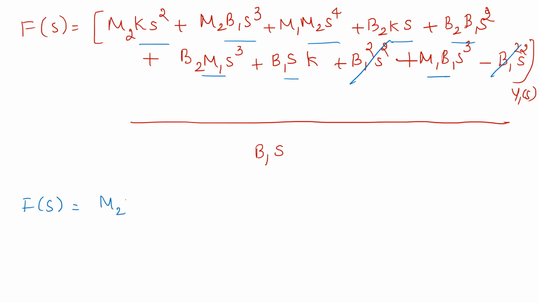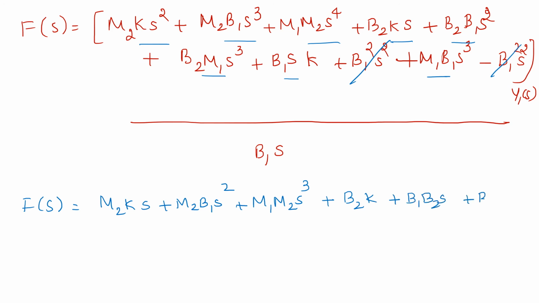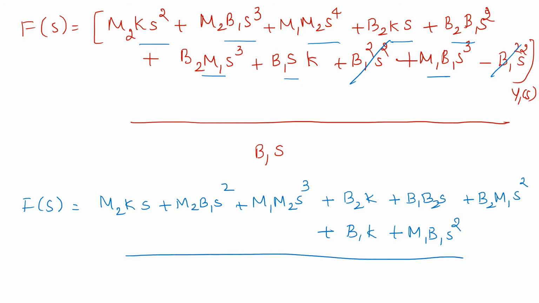So F(s) can be written, taking s common and cancelling it with the denominator s, as m2 k s plus m2 b1 s square plus m1 m2 s cube plus b2 k plus b1 b2 s plus b2 m1 s square plus b1 k plus m1 b1 s square, divided by b1. This is what we get.